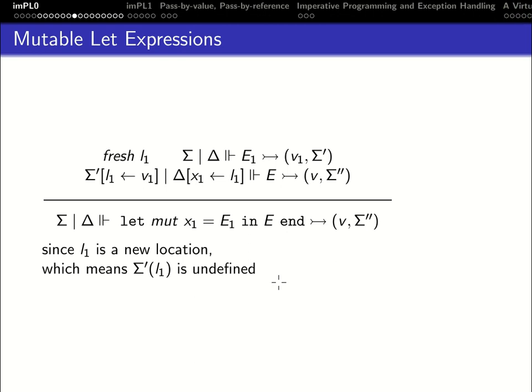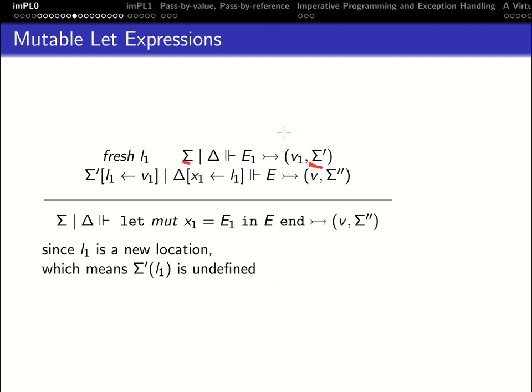So let's see how we handle mutation, because this is really the interesting case. All right? So let's assume that when evaluating E1, we're taking this sigma into sigma prime. What do we do next?